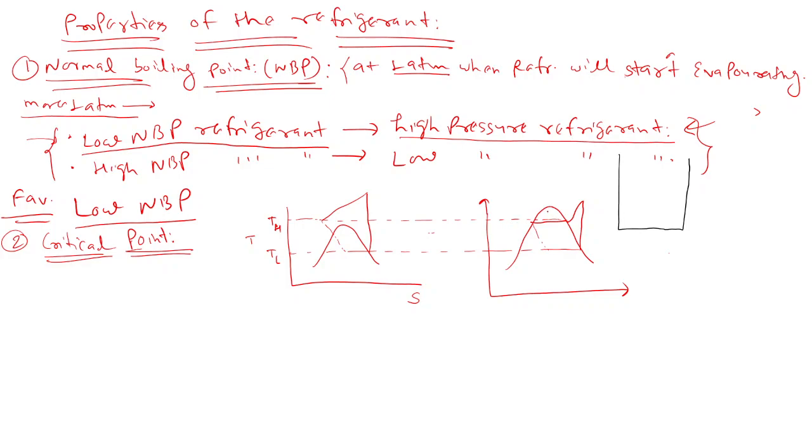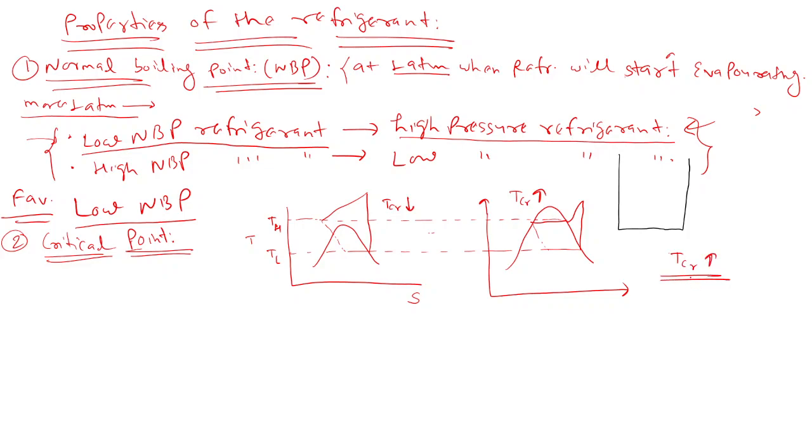So here the critical temperature is high, right? TCR is high, and here TCR is less. So by seeing this, which is looking favorable for us? The second one, high critical. High, why?